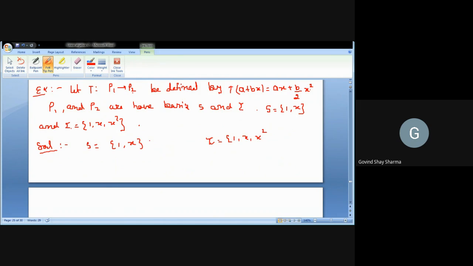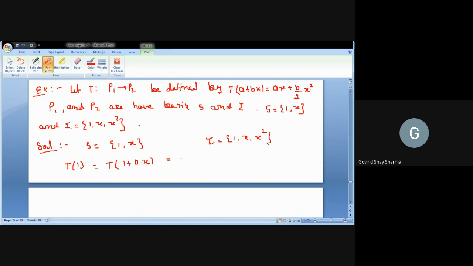This is from V1 to V2. So, first we compare: taking T(1) from S, we can write it as 1 plus 0x. Here a is equal to 1 and b is equal to 0.